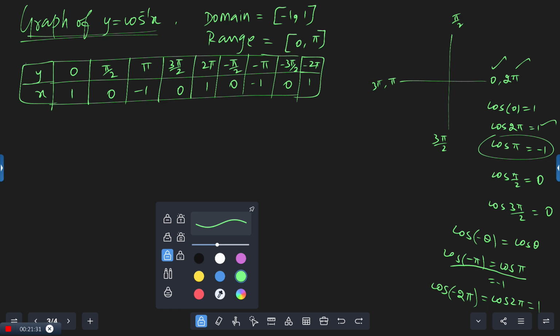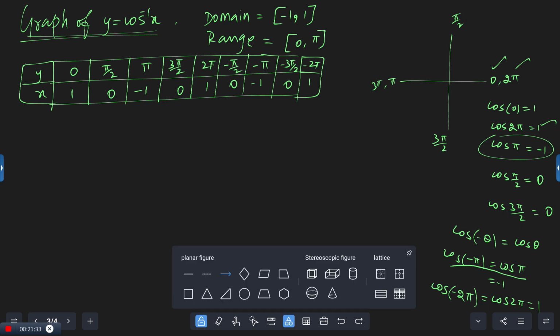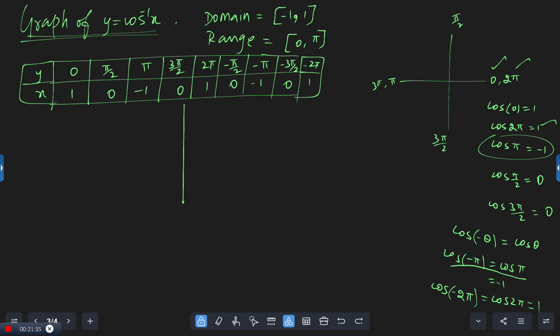So by using this, let's draw the diagram. Right, first, this is my y axis and x axis. This is Y dash and X dash.